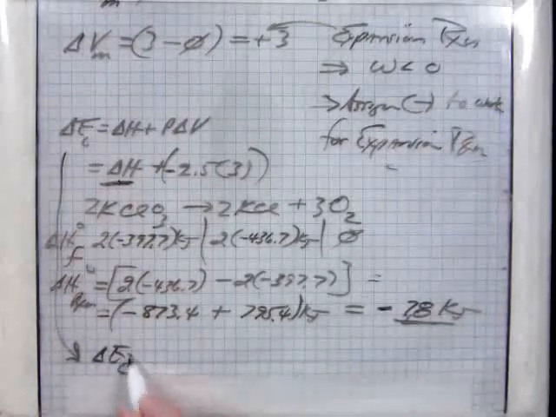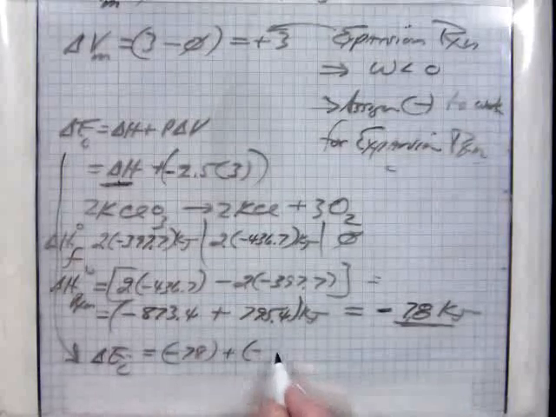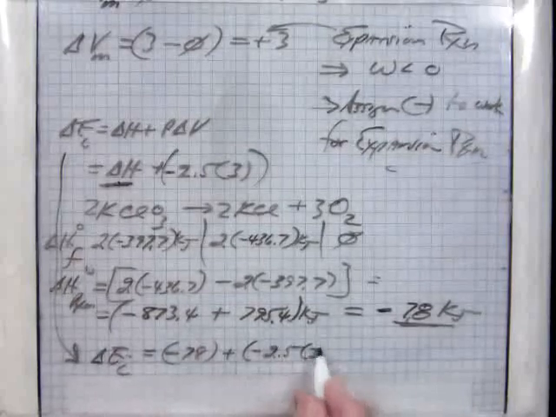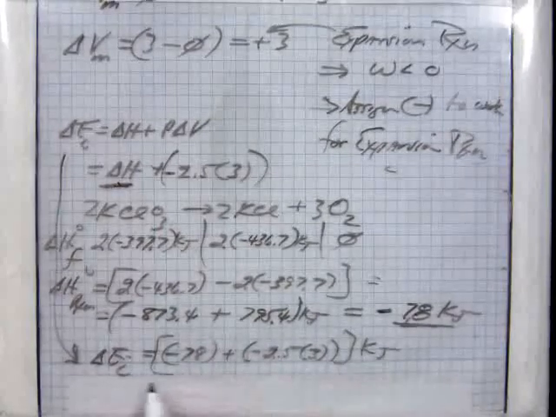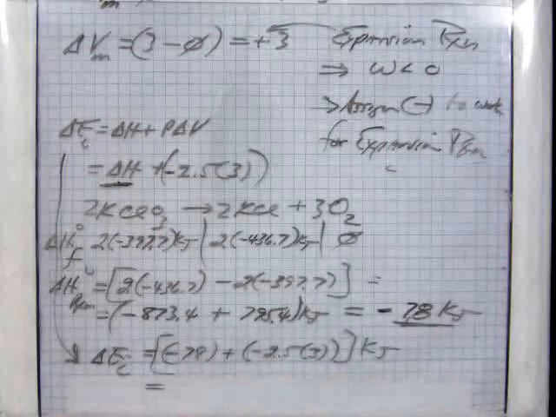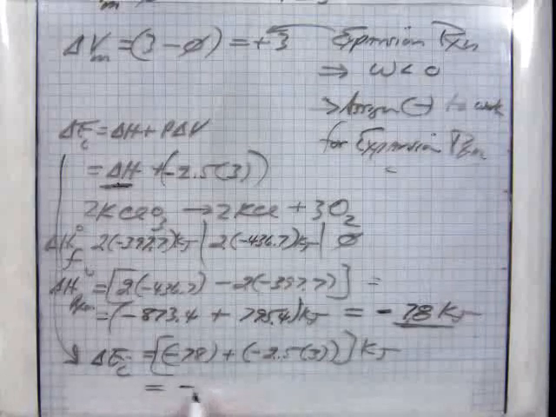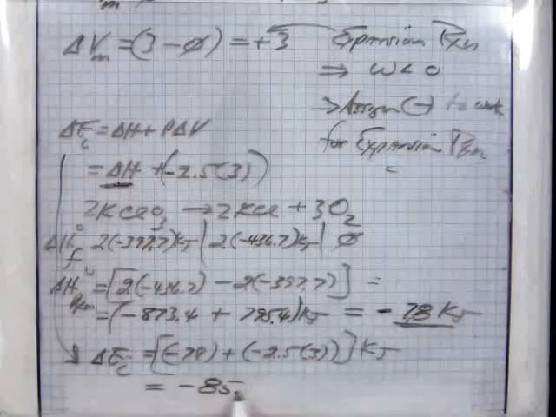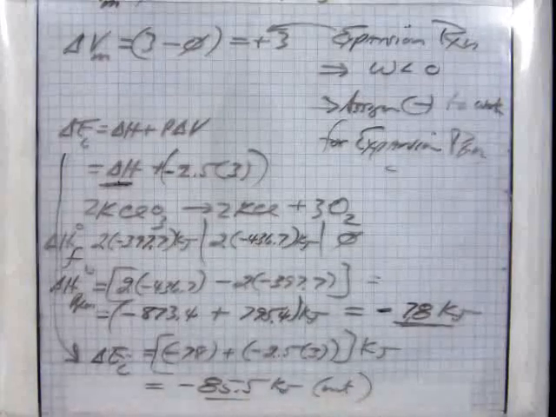Delta E is equal to minus 78 plus a minus 2.5 times 3, like that. And everything's going to come out in kilojoules. And that's also a negative, and I get a minus net 85.5 kilojoules net. There.